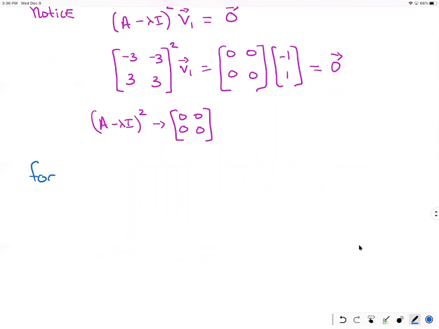For V2, our other one that we need, the second eigenvector, we need to find a V2 that's not equal to 0.